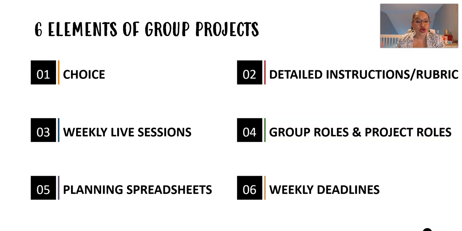That's why those live sessions are so critical, because that's when they can actually talk about the different components of the project that are getting done. They can pull them up on the screen and actually collaborate and discuss them, and not just have everybody divide up their section, put it on their group page, and you assume they looked at it and then they turn it in for a grade. It really becomes a collaborative process because they have weekly live sessions, they have roles, they have planning sheets, and they have deadlines.